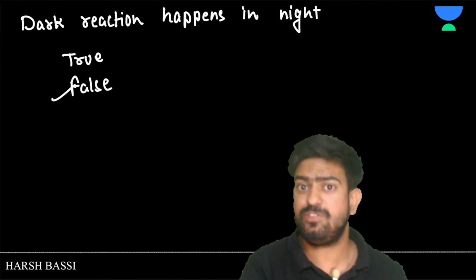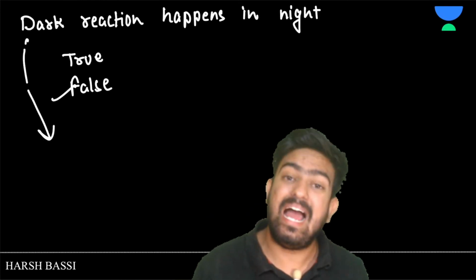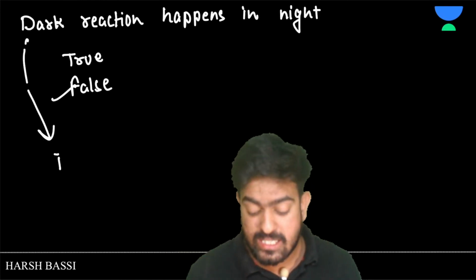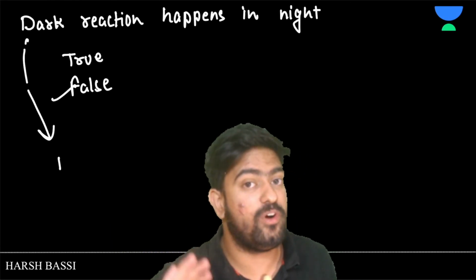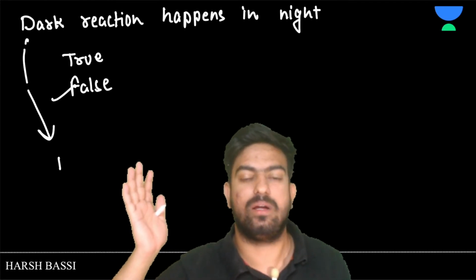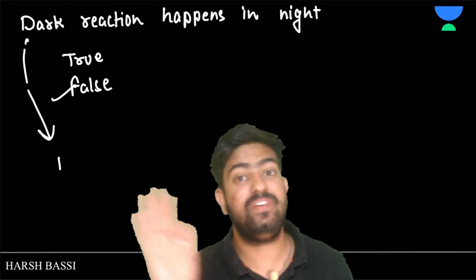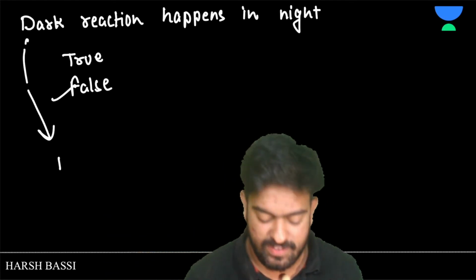The statement is false. So the name dark reaction means what? It says that it doesn't require light for its happening, for its performance. But I can't say that it happens in the dark, that it happens in night, because it is dependent on the product of the light reaction.